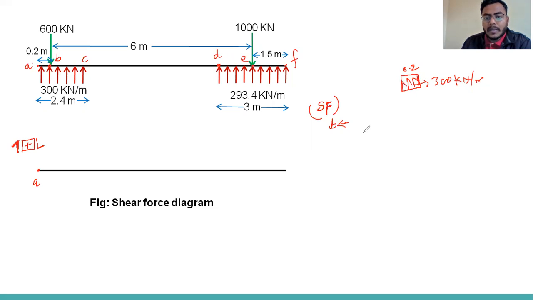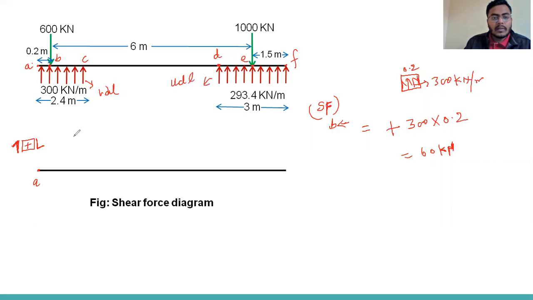It is in upward direction, so that will be positive. 300 into 0.2, so we can write 60 kilonewton. That will be linear because here is the UDL, uniformly distributed load. This is UDL. This is also UDL. Okay, so this is 60 kilonewton. Now we will find some sudden change at this point B.